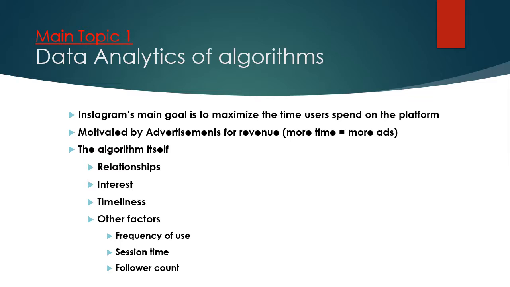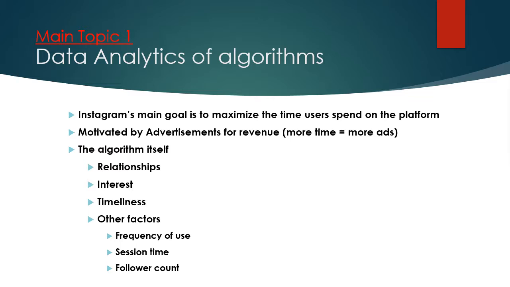So the algorithm itself, obviously, not many people can just explain exactly how this algorithm works. It's technology that's beyond, I believe, the scope of this class. However, it creates relationships amongst all the information that Instagram is collecting, right? It characterizes each user.